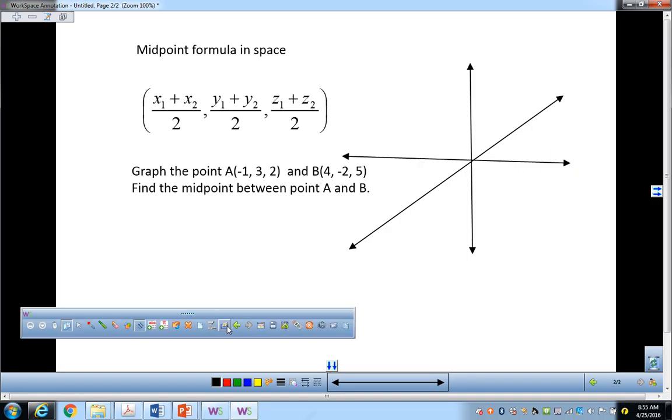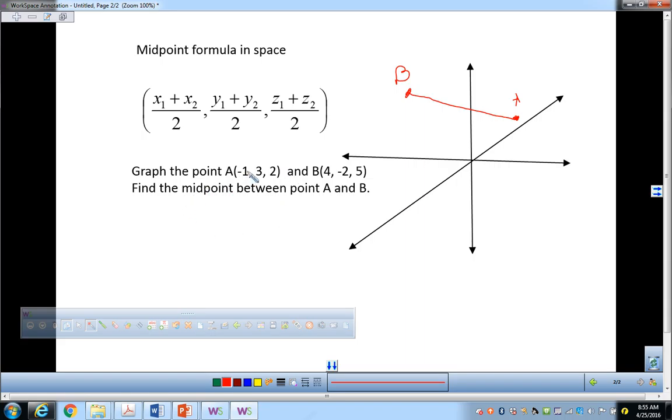So -1, 3, 2, this is the same point, right? And 4, out 4, back 2, up 5. So here's point A, here's point B. I'm not going to check to see if you graph these totally accurately, but the midpoint would have to be somewhere in between, right?